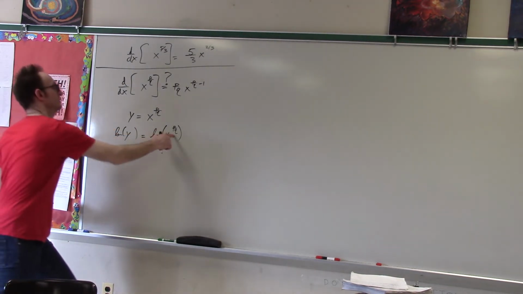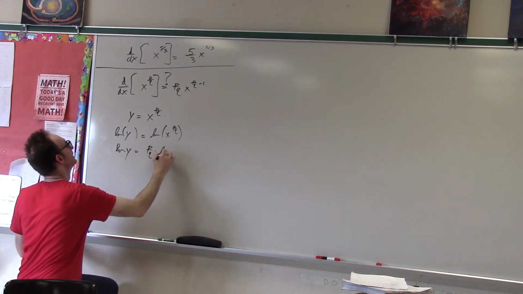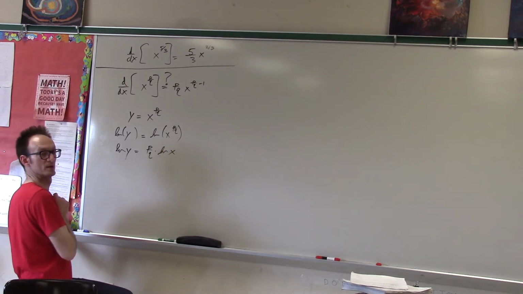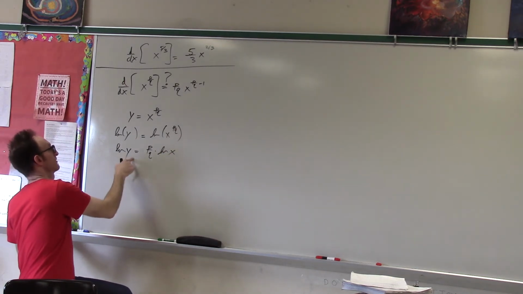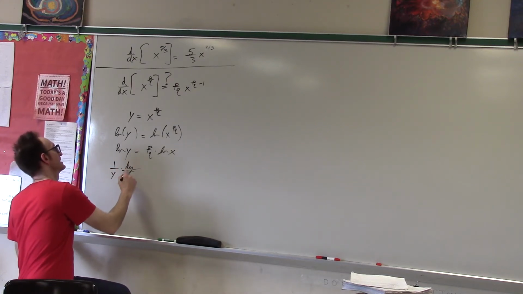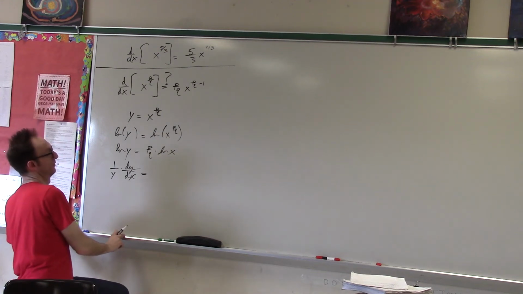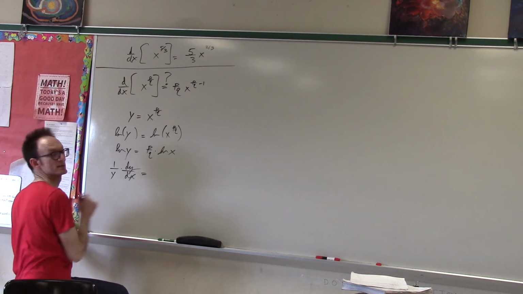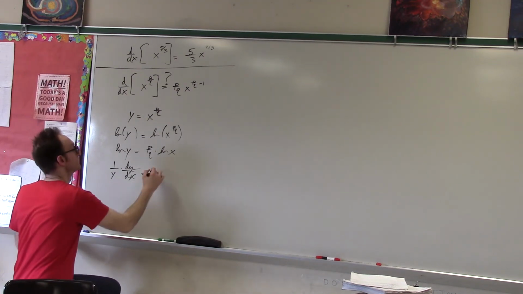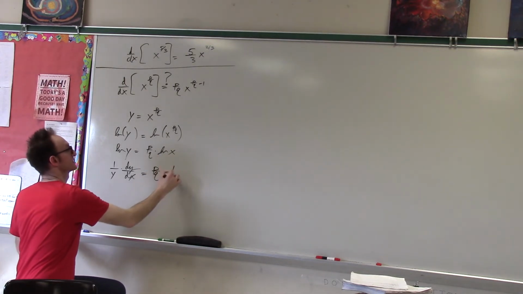I now have a simple differentiation problem, which I'm doing implicitly. So the derivative of ln y is 1 over y, back inside, dy dx. And what's the derivative of p over q times ln x? p over q times 1 over x. This is p over q, that's just a number, times the derivative of ln x, which is just 1 over x.